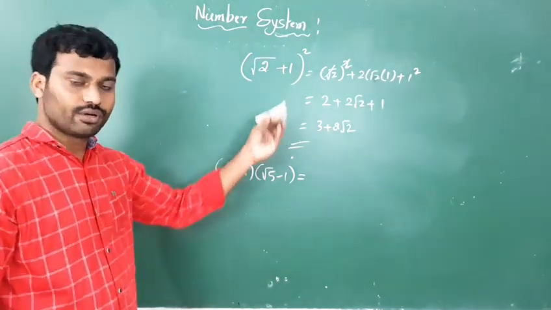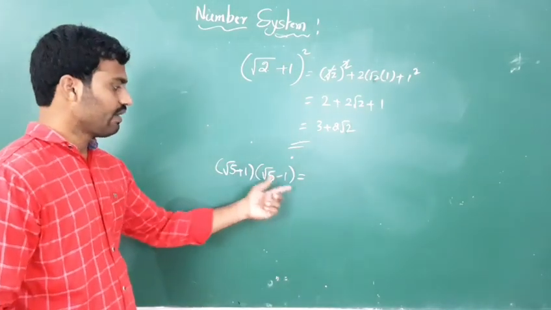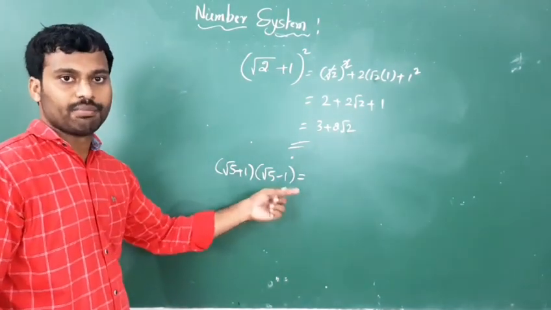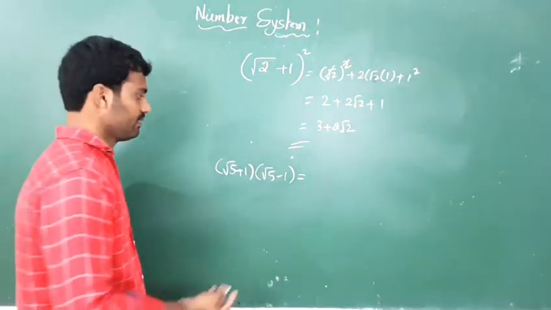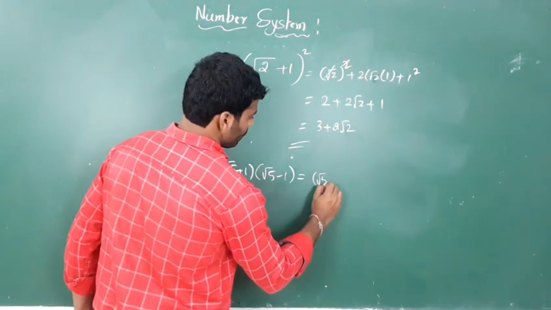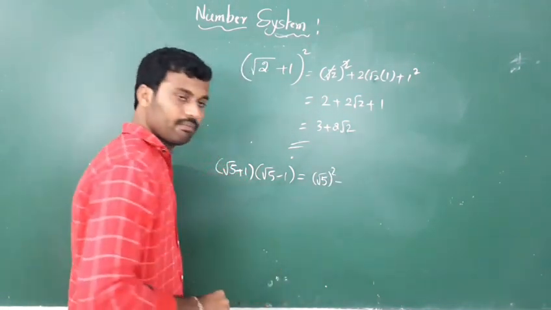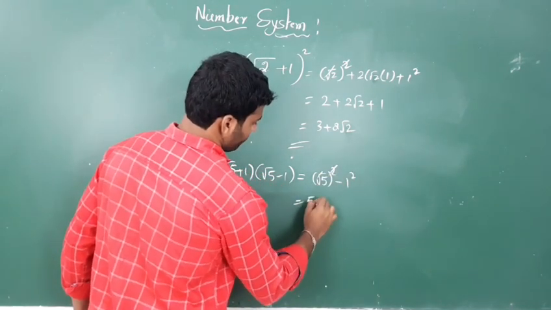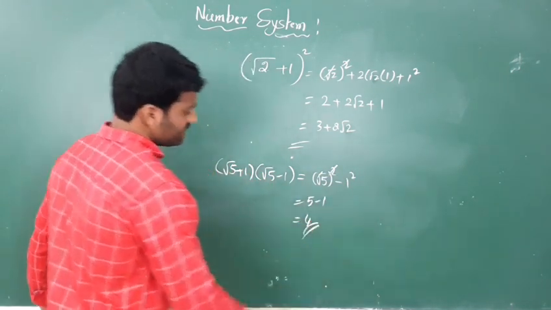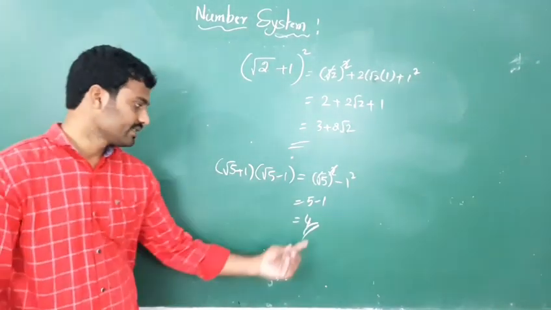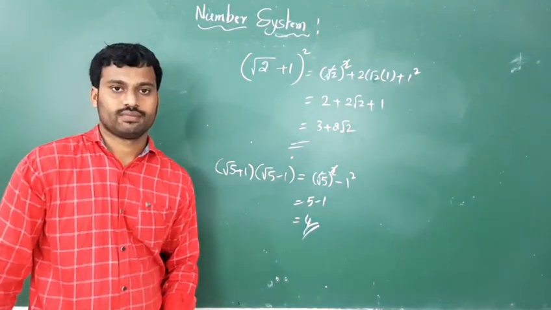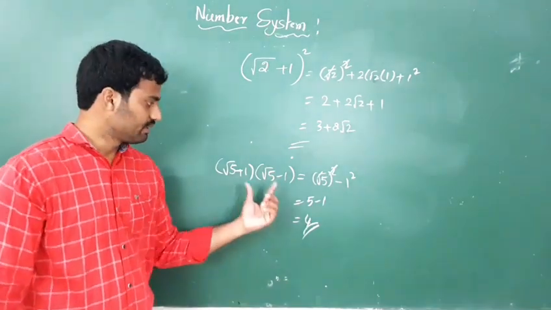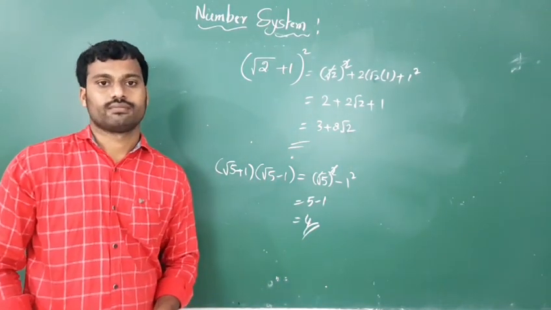If you know, you can go with the identity, or else you have to multiply, applying the binomial into binomial concept. See, a square is what? Root 5 whole square minus 1 square. Square root cancels, so 5 minus 1. That is 4. The result is 4. Clear or no? The simplified answer is 4.